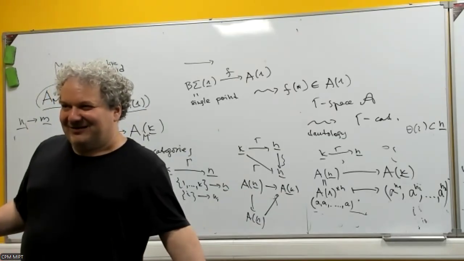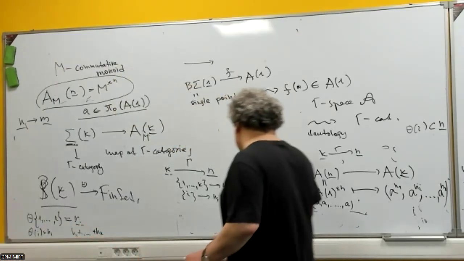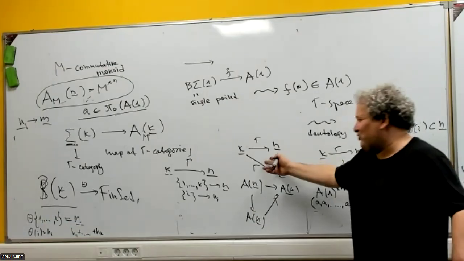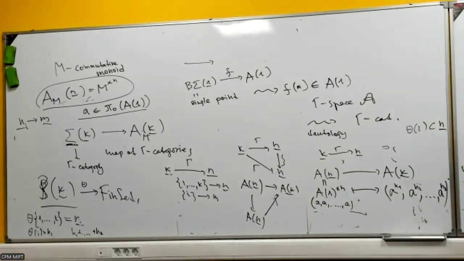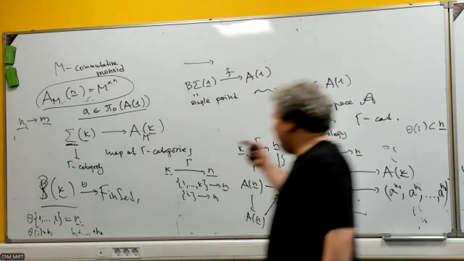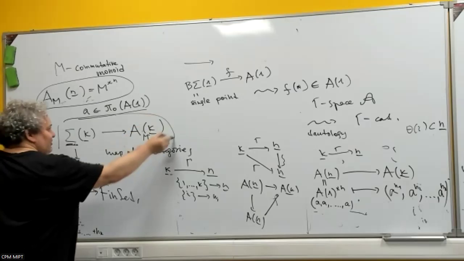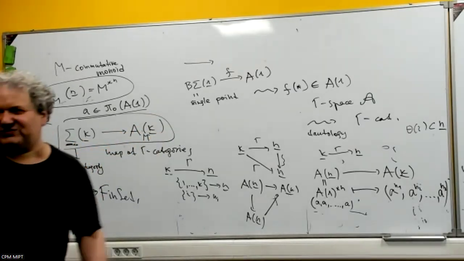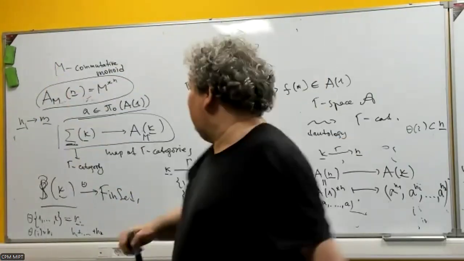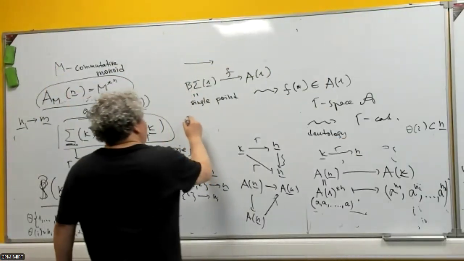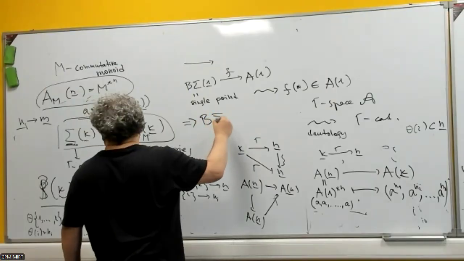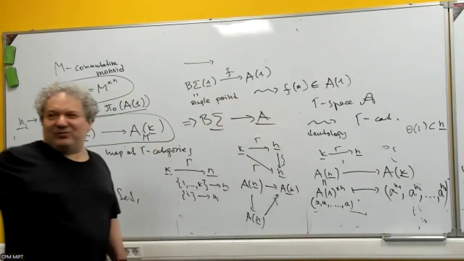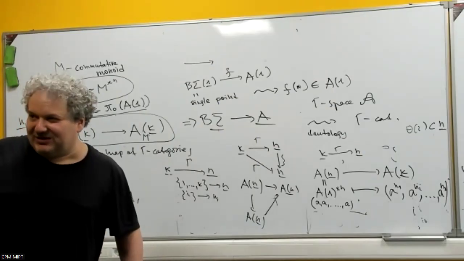Clear, right? It's somehow strange, but it happens that this diagram is commutative, and after this interpretation I get this map on the level of gamma categories, for which the gamma category structure has only identity morphisms. So now I pass to B, then it gives me B sigma k, B sigma to A, and I'm done for this particular case.